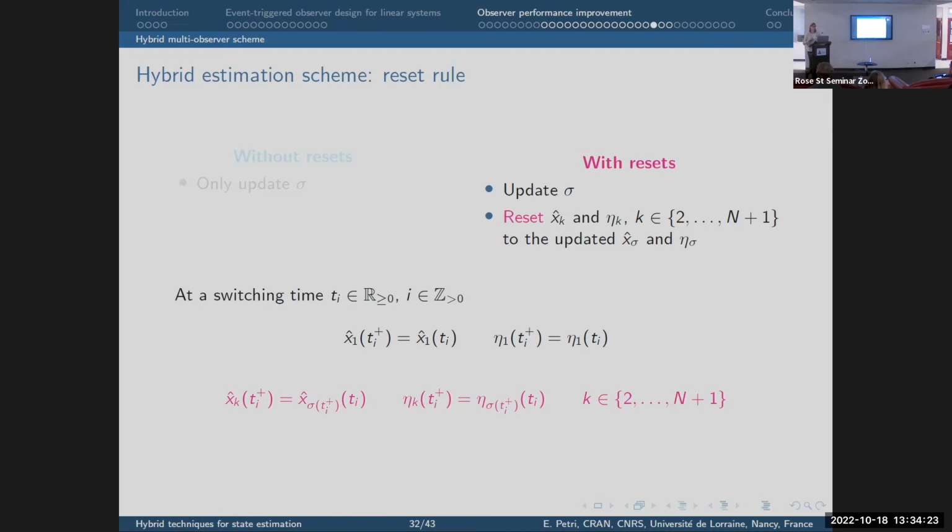So we can use their information and share it with the others in order to reset them, hopefully further improving their performance. Therefore, at any switching time, the state estimate and the monitoring variable of the nominal observer are not modified, while we update those of the additional dynamical systems to the updated x̂_σ and eta_σ.